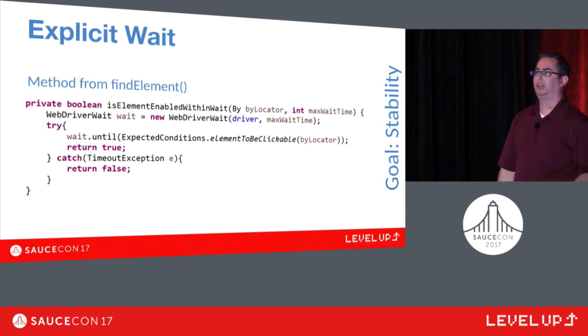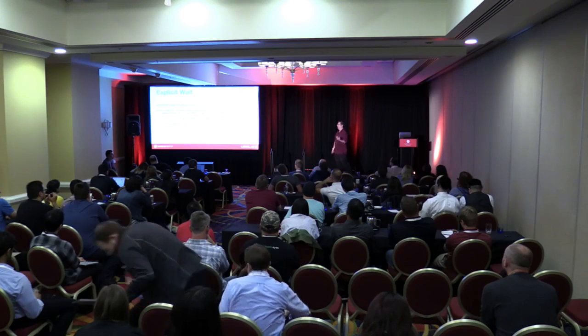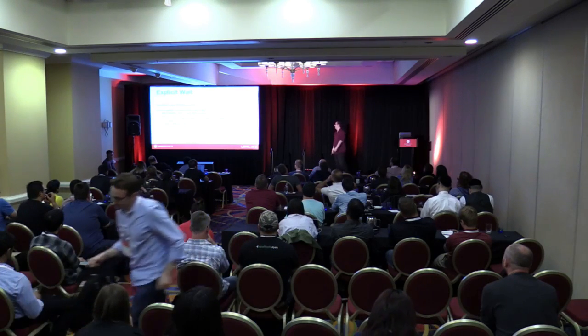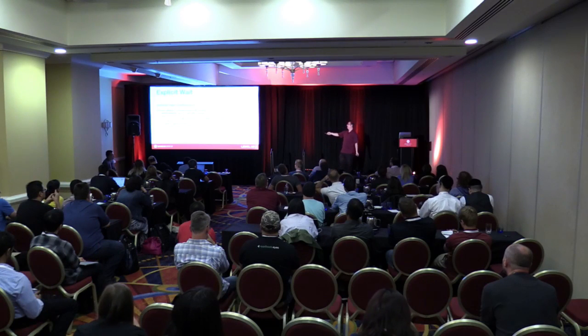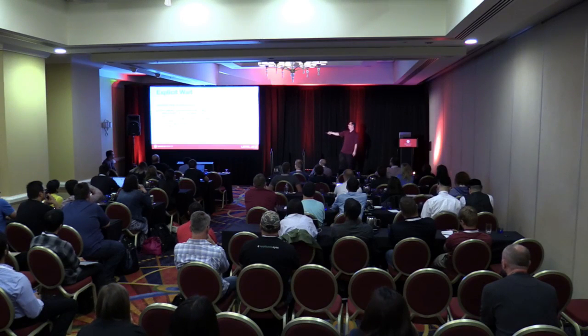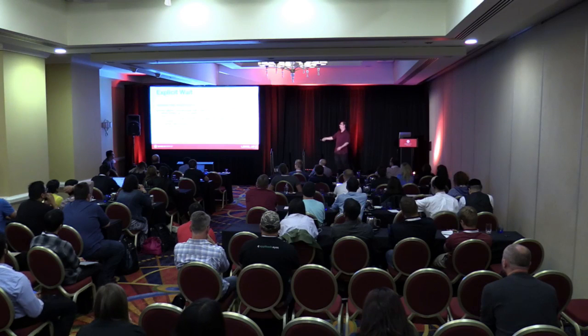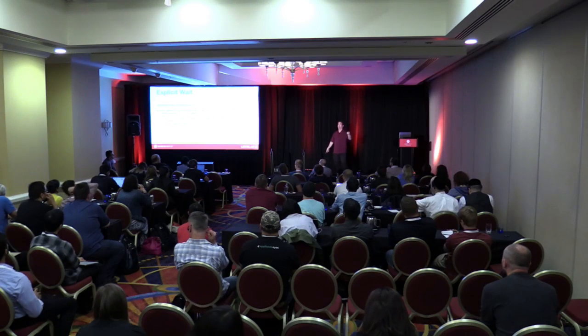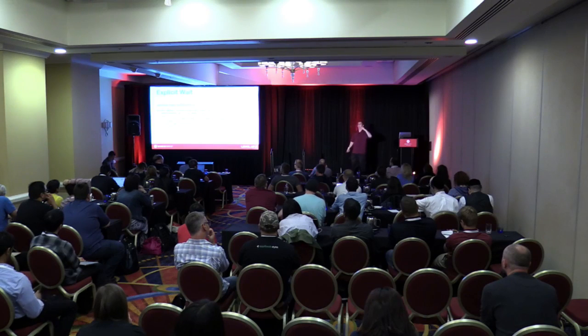So there's element to be clickable, element is displayed, I think, or element is present within DOM or something like that. So you can do similar type methods. And note that this method here is private. None of the page objects themselves are actually calling this thing. This thing is only really called from things like findElement or click or is displayed or other methods that we might want to bubble up functionality on.